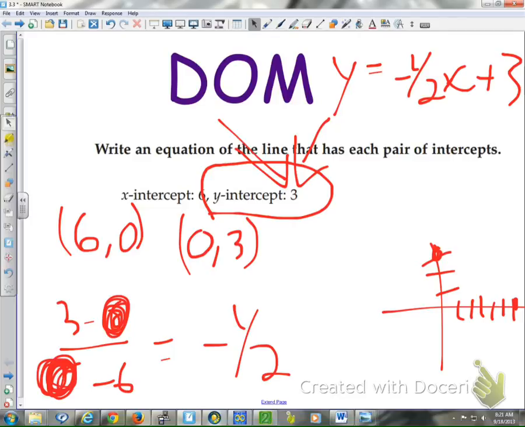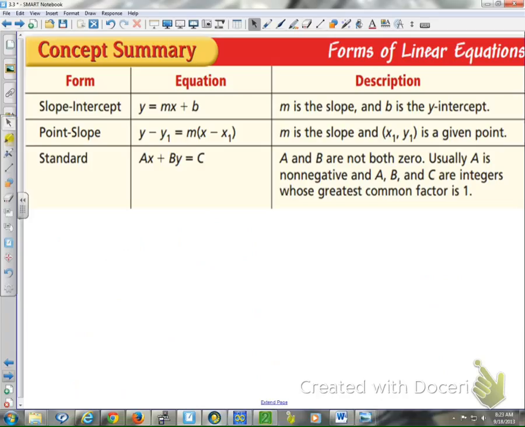Today's, well, actually, before we get to today, quick little review over what we've done in the last few days. Here are the 3 equations for lines that I have told you so far. Slope-intercept, point-slope, standard. Slope-intercept is the one that's going to be the most useful when you graph. However, most of the time, when you have to make your equation, you're going to use point-slope because that's the one that's easiest to make with most information, unless they give you the y-intercept, which only happens like 2% of the time.